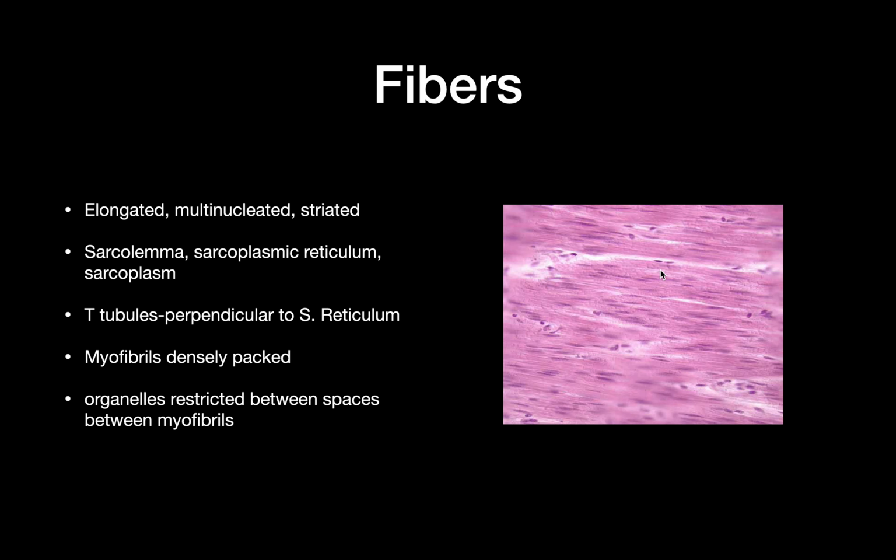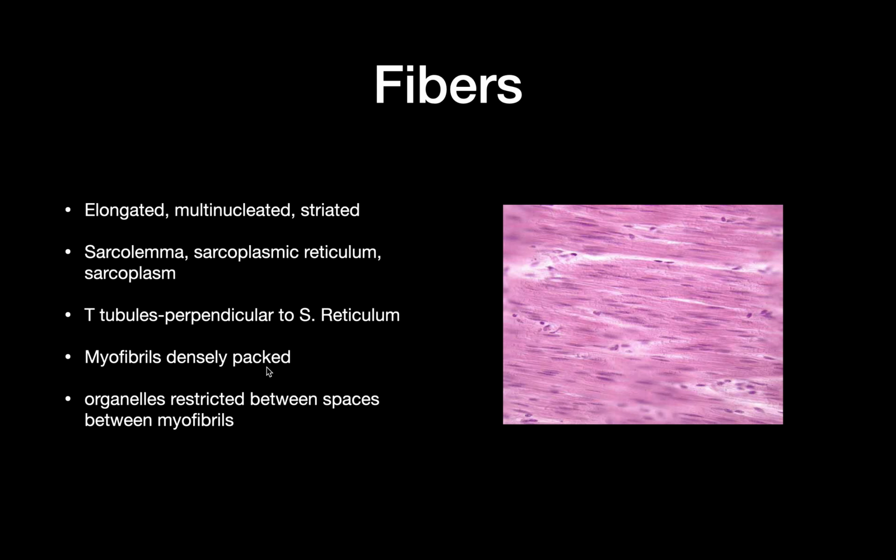There's a couple here, and they have the sarcolemma, which is the cell membrane of the muscle cells, the sarcoplasmic reticulum, which is a network of membranous channels, and they have their version of the cytoplasm called the sarcoplasm, and they have a system of transverse tubules, T-tubules, that run perpendicular to the sarcoplasmic reticulum, and they open out to the sarcolemma.